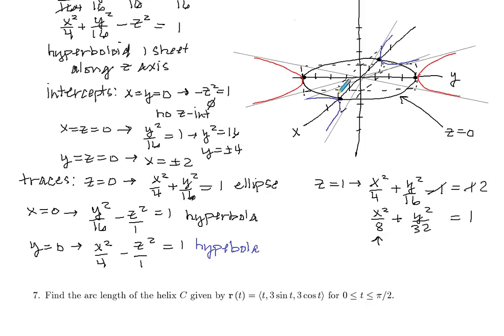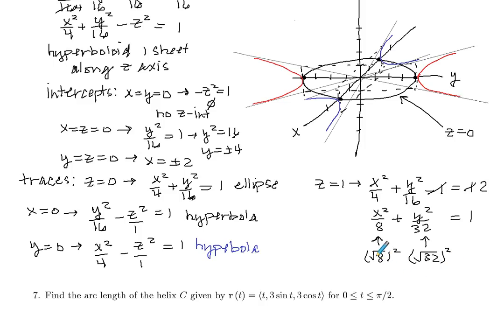So our vertices on the two axes of the ellipse here are going to be at plus or minus square root of 8, because that's square root of 8 squared. And then your 32 is really square root of 32 squared.